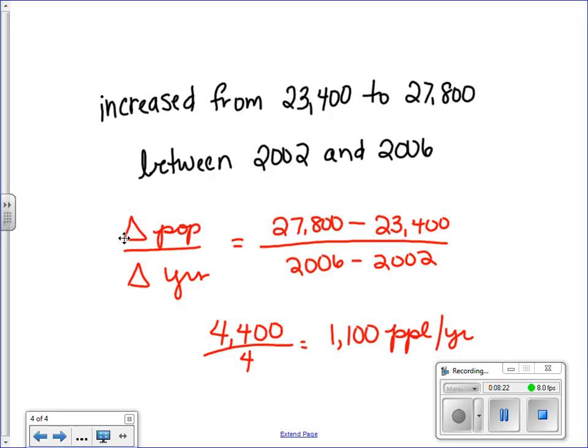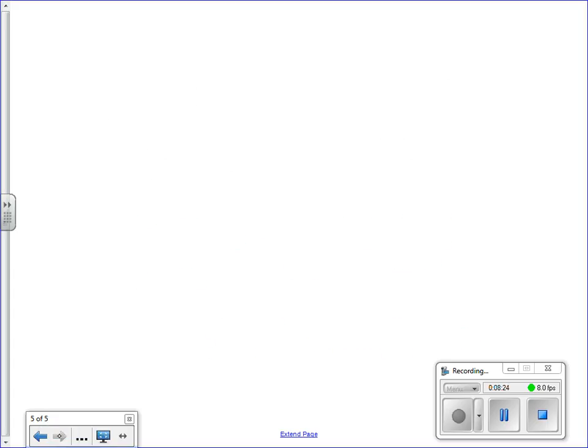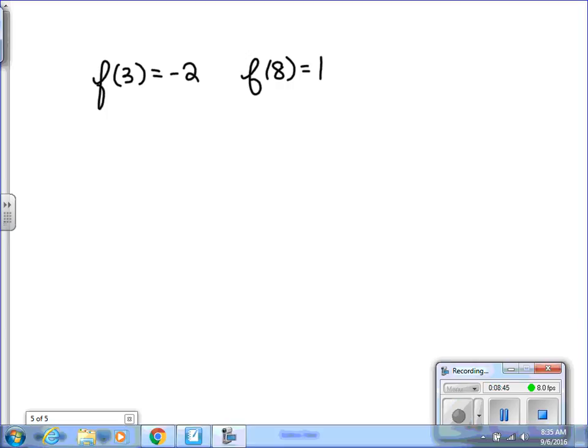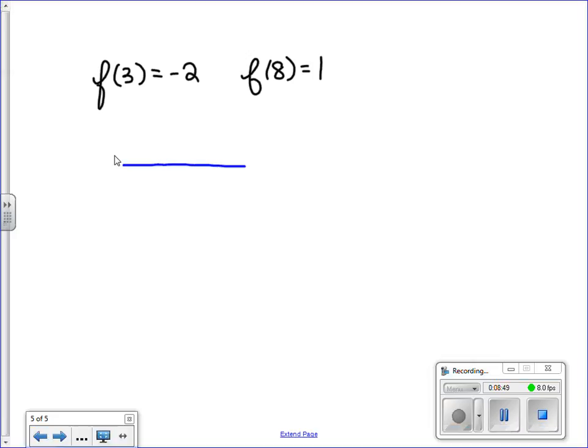Okay, now let me give you pretty much the same problem, just a different look. f of 3 is negative 2. f of 8 is 1. Find the rate of change. Okay. What's the input? What's the output? What's going to be on top?